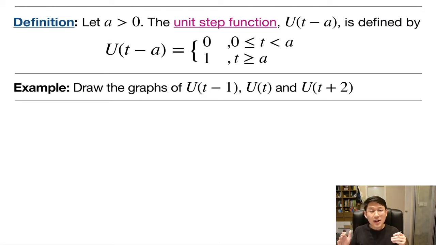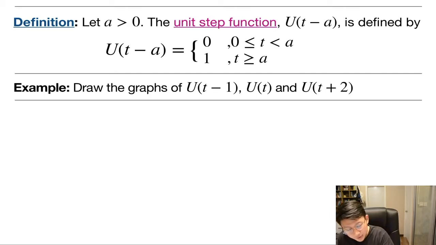Before we go to another technique, I would need to introduce you to a new term, which is the unit step function. Okay, so let a be positive. Okay, a is positive, and u(t minus a) is defined by: u(t minus a) is 0 when t is less than a, and it's 1 when t is bigger than or equal to a. Okay, so draw a graph of u(t minus 1).